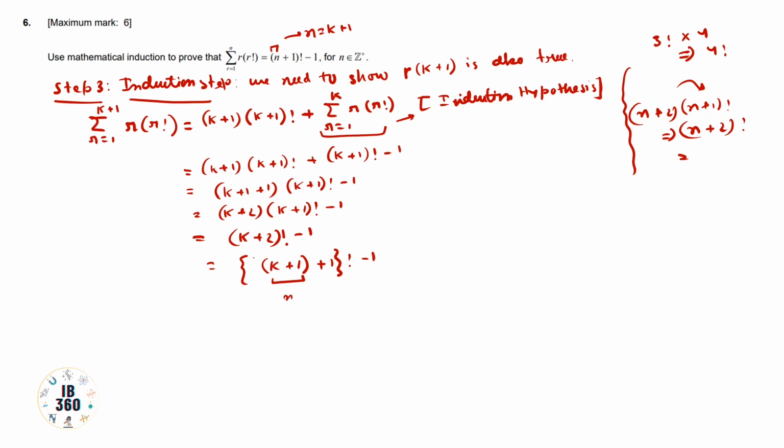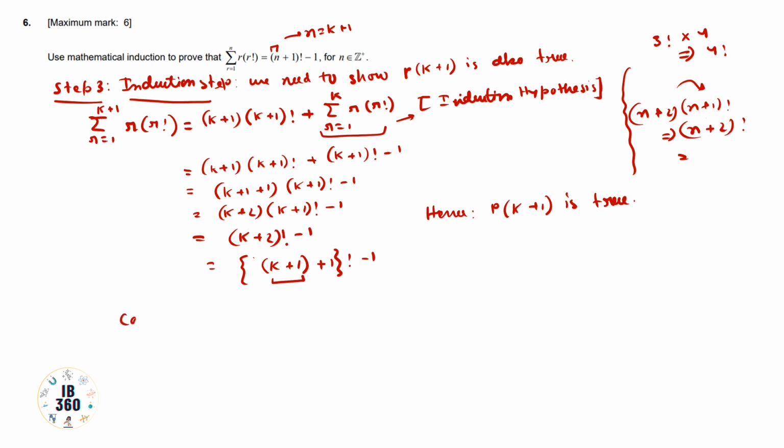We can assume it to be n plus 1 factorial minus 1. So this part is done. So obviously for the k plus 1th term also this particular equation is true. So we can conclude that hence P of k plus 1 is true.